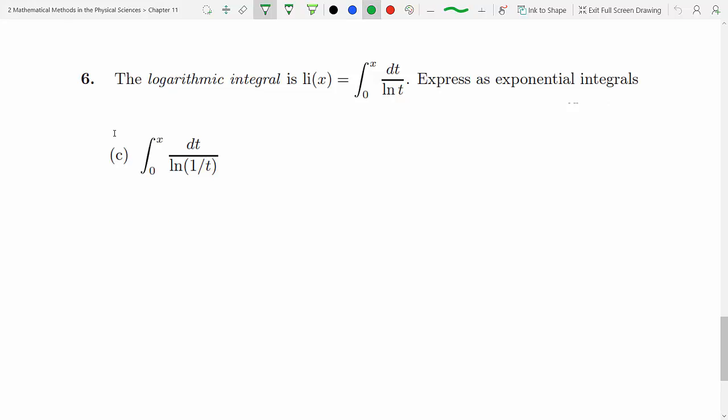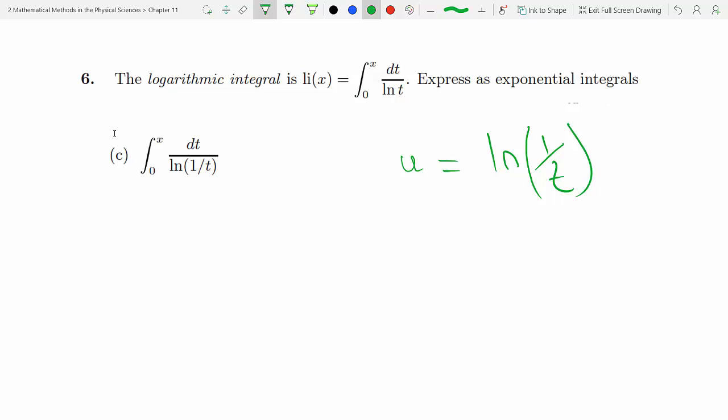I would try to call u to be ln 1 over t. So I would make this substitution and then make the necessary adjustments to the integral to see if this substitution turns my integral into an exponential integral.